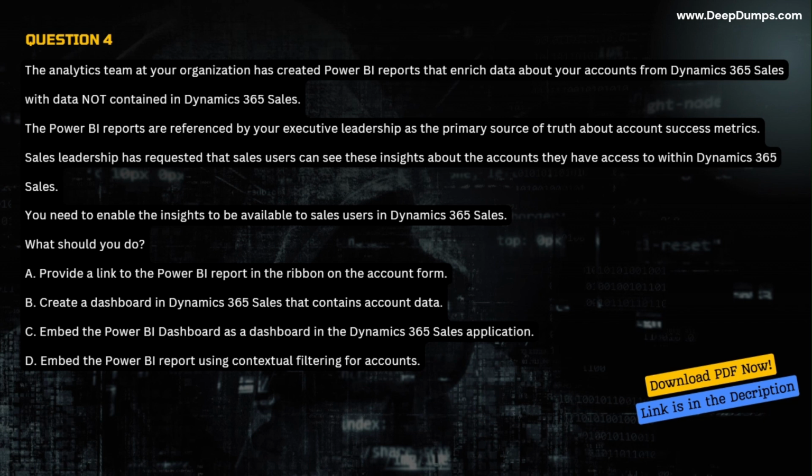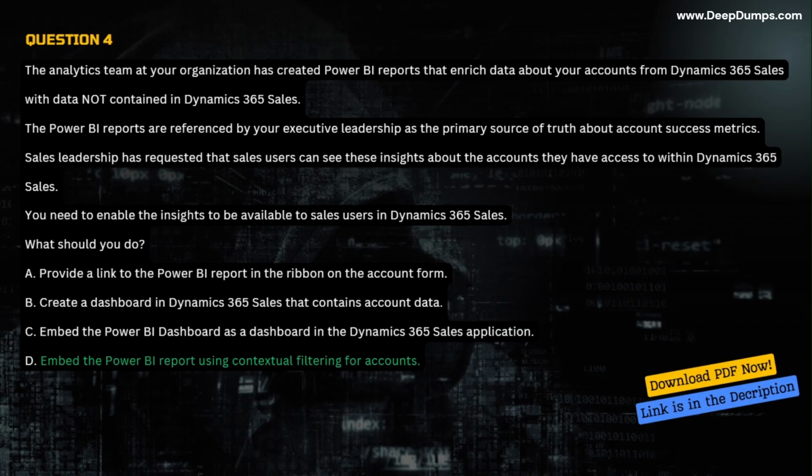You need to enable the insights to be available to sales users in Dynamics 365 Sales. What should you do? A. Provide a link to the Power BI report in the ribbon on the account form. B. Create a dashboard in Dynamics 365 Sales that contains account data. C. Embed the Power BI dashboard as a dashboard in the Dynamics 365 Sales application. D. Embed the Power BI report using contextual filtering for accounts.